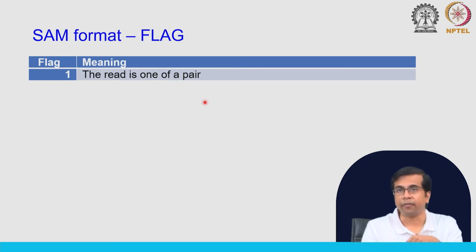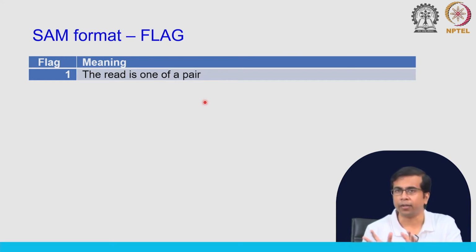Okay. So, the first flag, denoted by the number 1, means the read is one of a pair. We are trying to interpret this in the context of Illumina data. Of course, there is a slightly different, more general interpretation of these flags. For example, this one does not always mean paired end data, it means you have templates matching multiple regions of the reference.